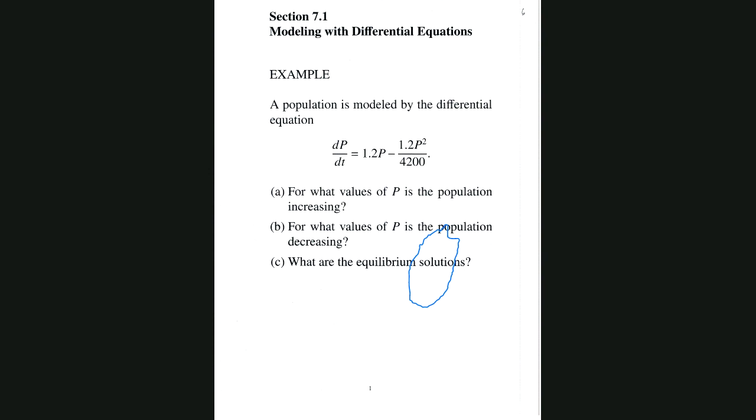This is what's called a logistic growth model. And we want to know for what values of p the population is increasing, for what values of p the population is decreasing, and what are called equilibrium solutions.